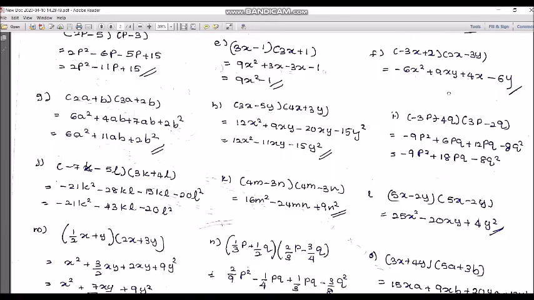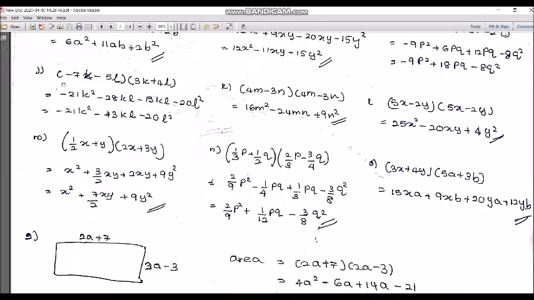If you go to some complex one like this, you can see it's minus 7k minus 5l, plus 3k plus 4l. So minus 7k into plus 3k, that is minus 21k squared.